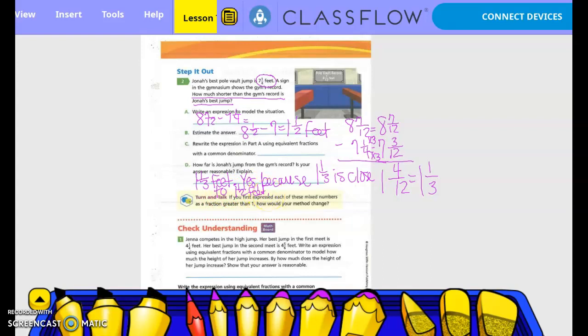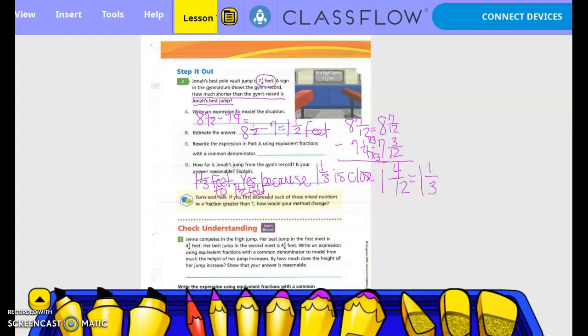So for understanding, Jenna competes in the high jump. Her best jump in the first meet is 4 1/4 feet. Her best jump in the second meet is 4 5/6 feet. Write an expression using equivalent fractions with a common denominator to model how much the height of her jump increases. By how much does the height of her jump increase? Show that your answer is reasonable. So we're going to show an estimate first, and then we're going to get the actual answer.